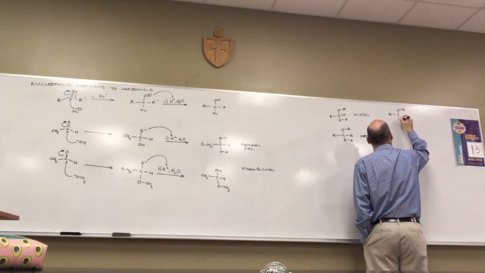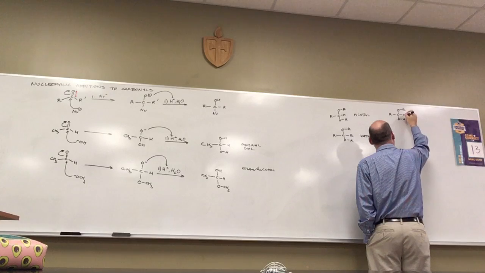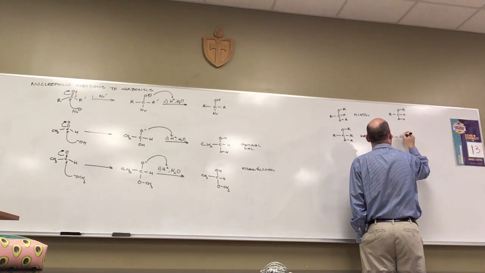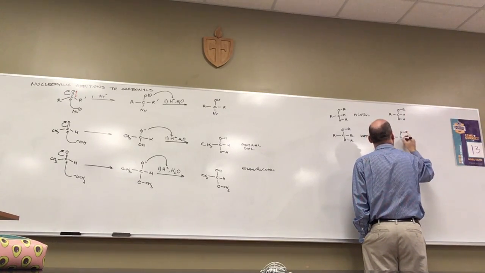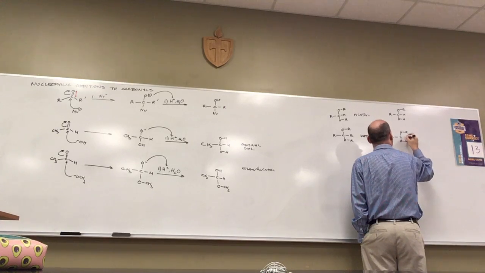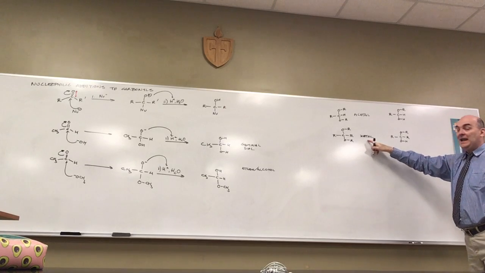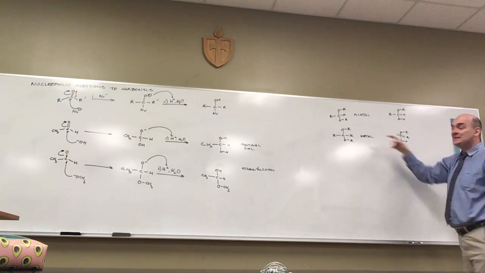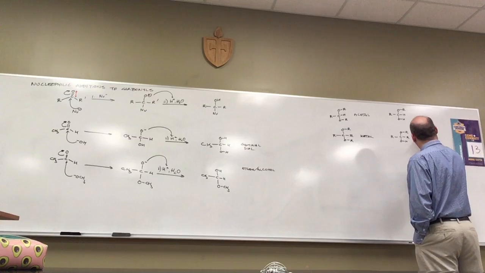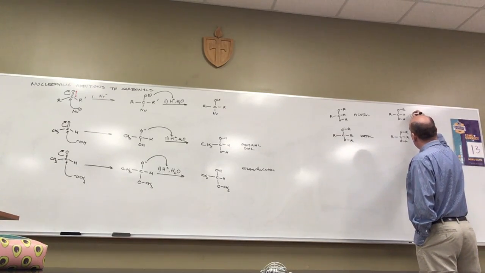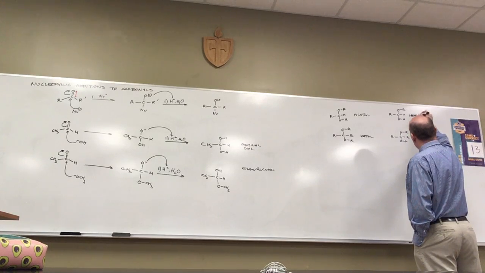If I've only progressed part way through my reaction and I have something that is part ether, part alcohol, and came from the ketal, then it is a hemiacetal, and this is a hemiacetal.